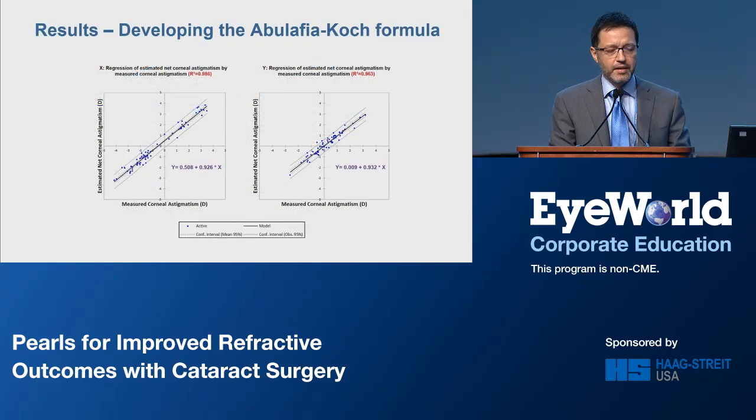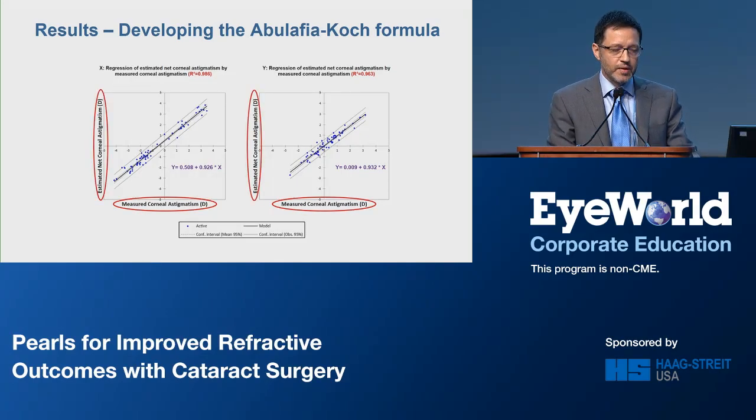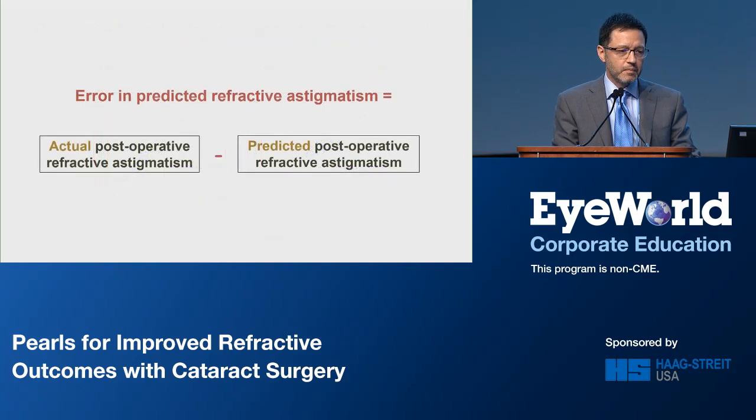And we did find a high correlation between the measured corneal astigmatism by the Lenstar and the estimated total corneal astigmatism. Although we tried many sophisticated ways to improve it, it seems like a simple linear regression did the best for our data set.